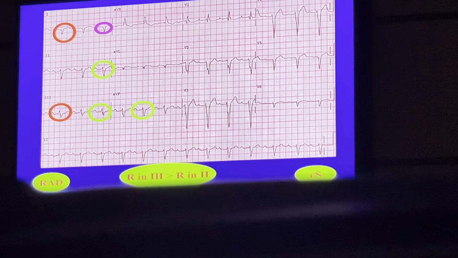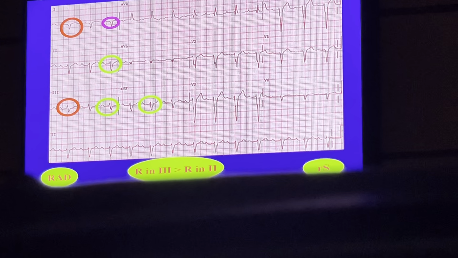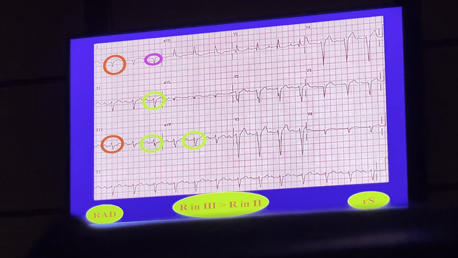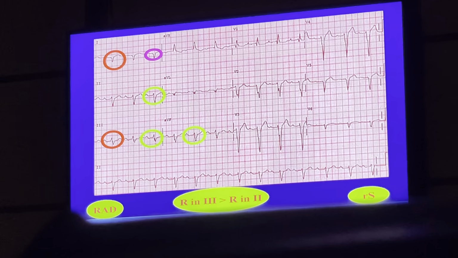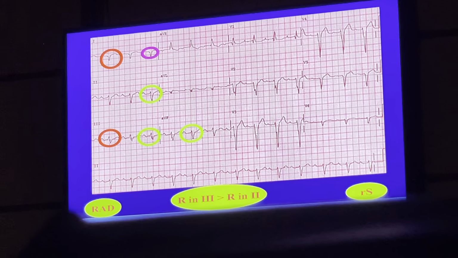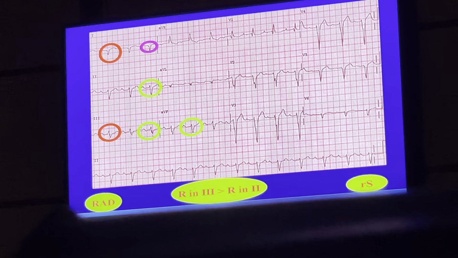So we call it bifascicular block. In right bundle branch block, there may be left axis deviation, maybe right axis deviation, or it is normal. When it is normal, it is isolated right bundle. If there is left axis deviation or right axis deviation, we call it bifascicular block. Next.